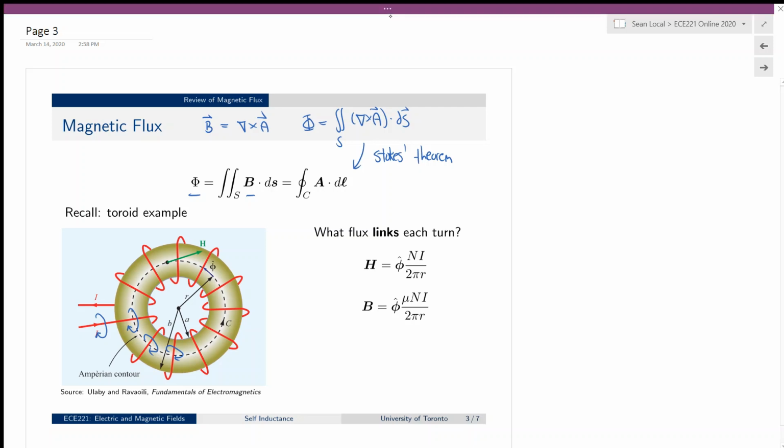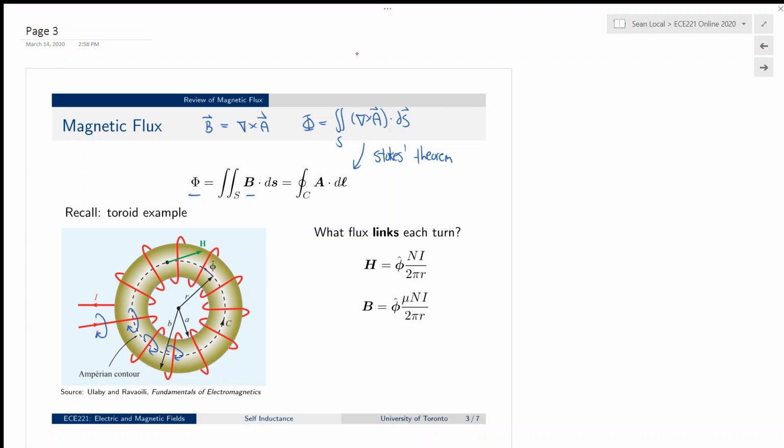So if we attach a coordinate system to our diagram here, so let's say we overlay a coordinate system like so. Then let's say the upward direction is the x direction and the horizontal direction is y. Then with this particular choice of coordinate system, this clockwise direction is the phi direction.